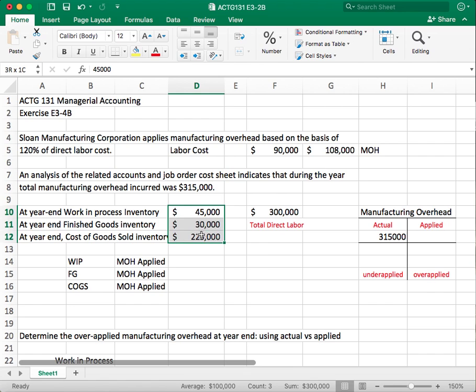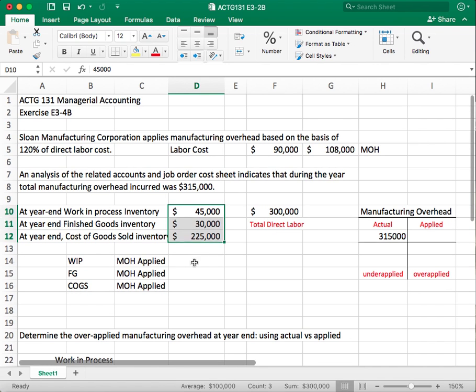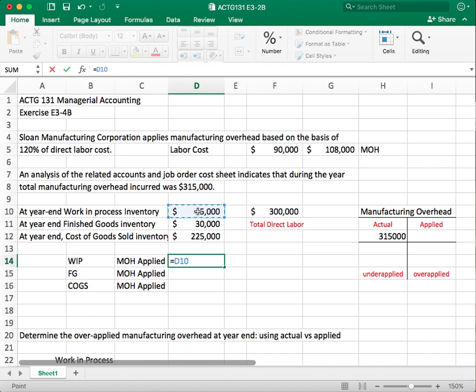So if we look at them, we see that in this problem, direct labor costs are $300,000, but we need to convert this information into applied manufacturing overhead. So here's where we use our 120%.